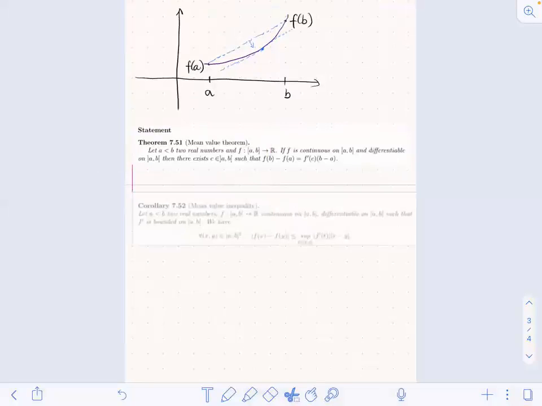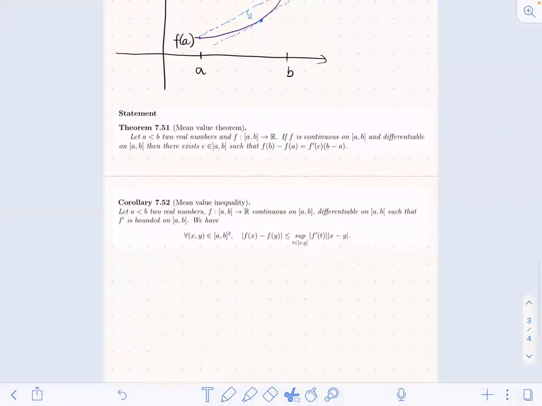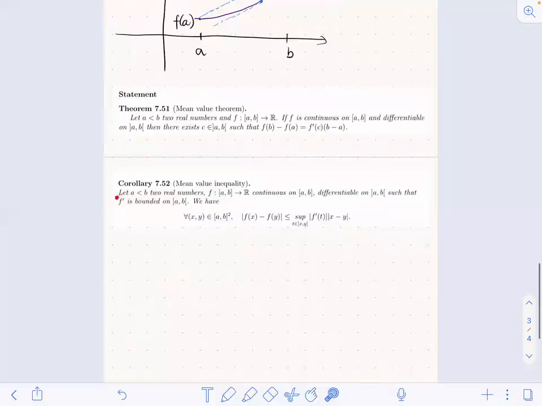The mean value inequality is a direct consequence of the mean value theorem. If you take A and B, two numbers, and we look at what happens under the same assumptions as the mean value theorem, and if we suppose that f prime is bounded on AB, then if you translate what it means to this inequality, this term here will be bounded.